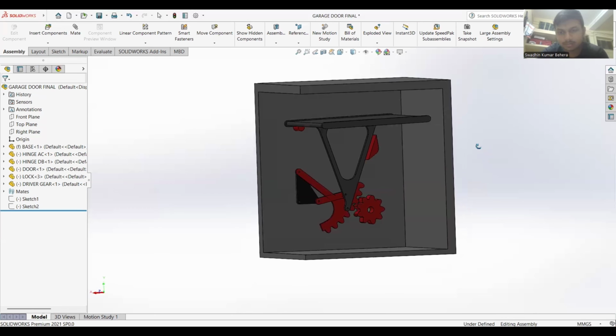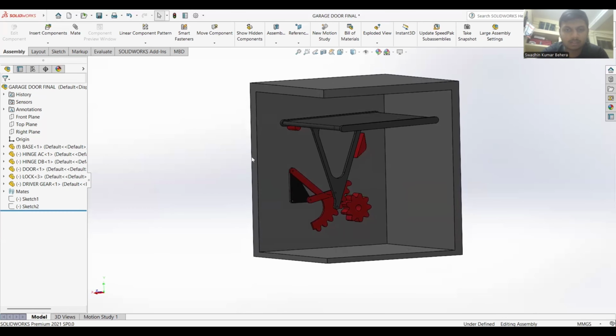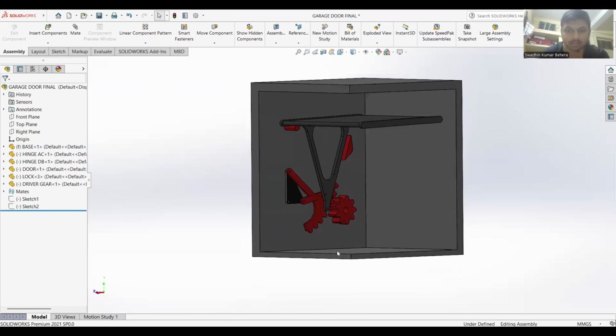We can also add a hydraulic system, which will smoothen the process a bit more, and it will also produce less noise than the motor gear we have used. And we can also add rubber bushings on this face of the stopper so that it will land smoothly on this, and also on the base.